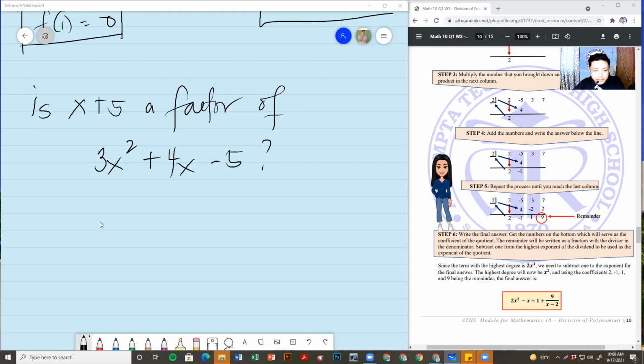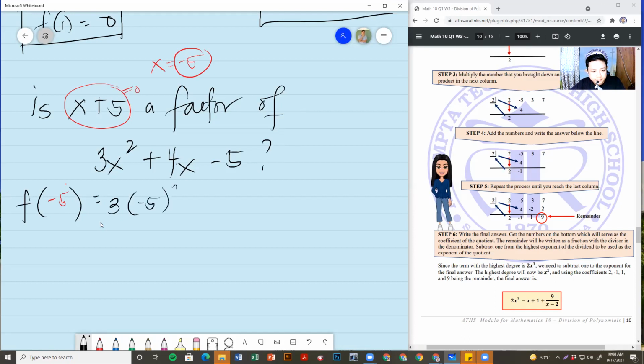Let's have this. Ready? So by using remainder or factor theorem, we have f of x, this one equated to 0. This becomes x equals -5. And -5 is the one that we will be substituting. Tama? f of -5 is equal to 3 times -5 squared plus 4 times -5 minus 5.